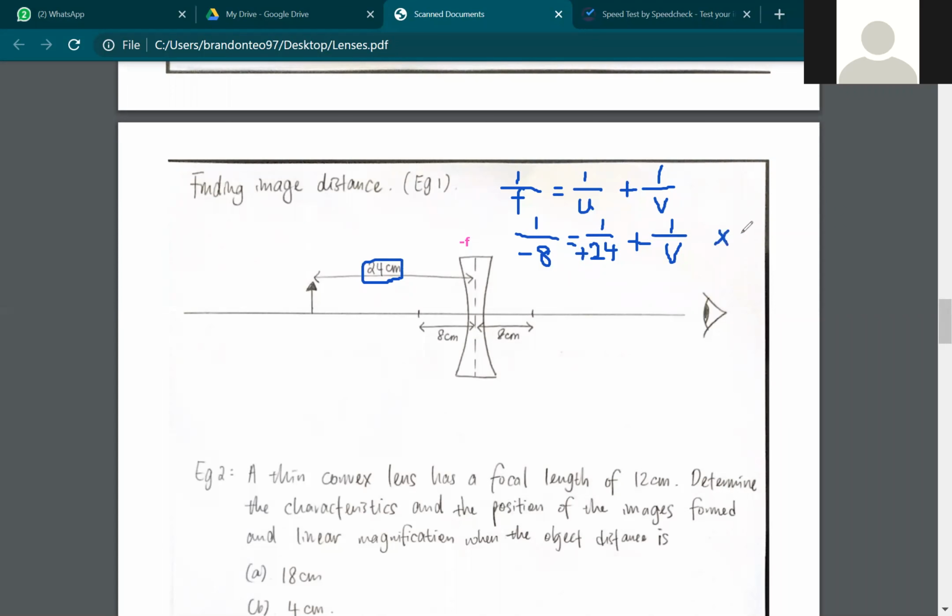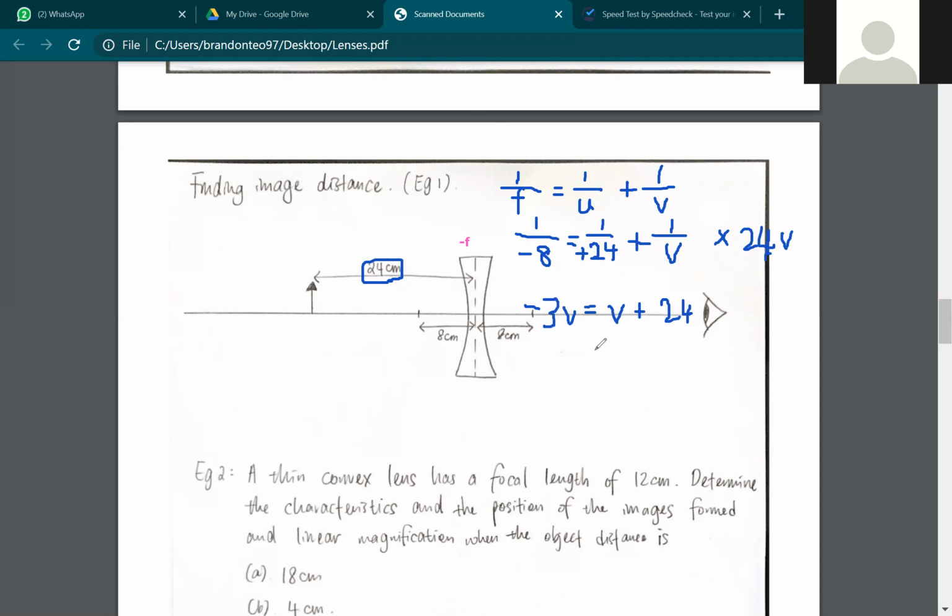I times 24V, because I want to get rid of the fraction. So 1 over minus 8 times 24V gives minus 3V, equals V plus 24. Sorry, my mistake, this is negative 3V.